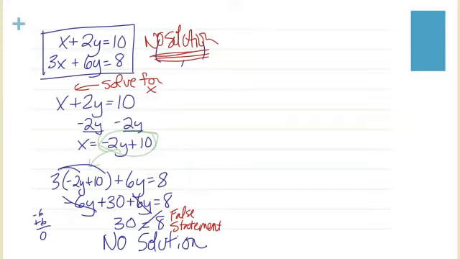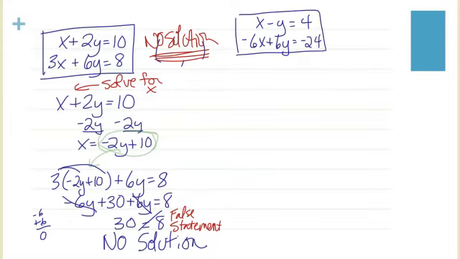Okay, so again, I still have that answer blank there, so I like to still wrap things up. Okay, let's do one more before we get to our word problem. So we get x minus y equals 4 and negative 6x plus 6y equals negative 24. Keep our equation safe.